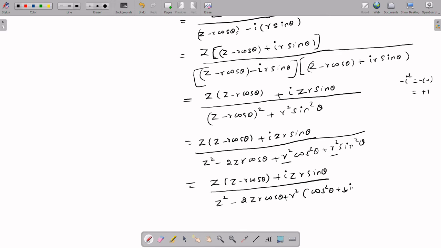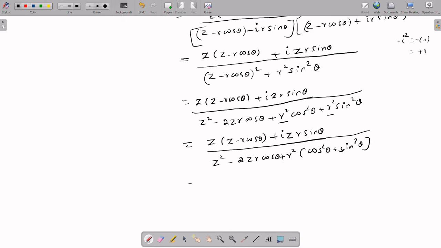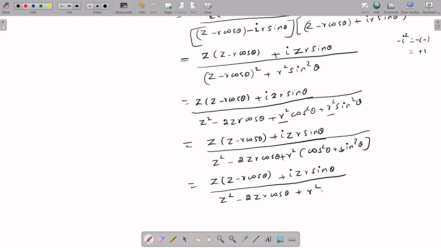What is cos squared theta plus sin squared theta? It is equal to 1. So you have to write it like this: z into z minus r cos theta plus i z r sin theta divided by z squared minus 2zr cos theta plus r squared. This is the denominator we have.